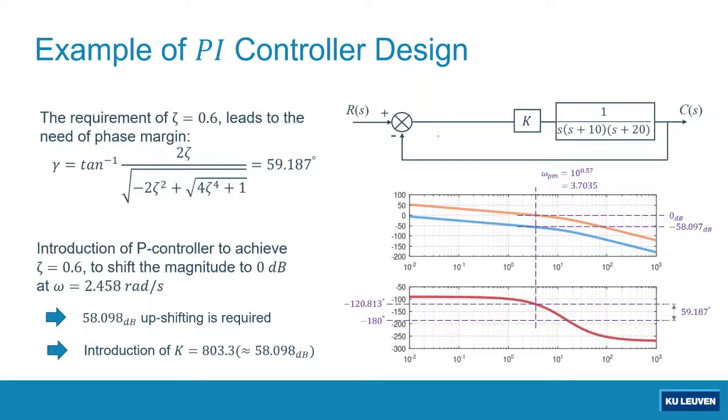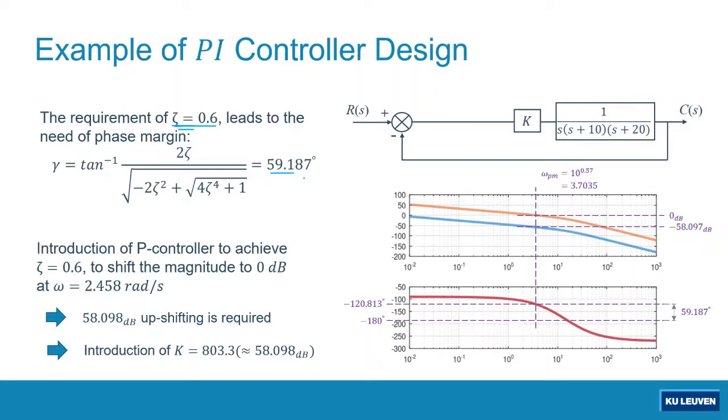We designed the gain based on the requirement of the damping ratio, and then we translated this damping ratio requirement to the phase margin requirement, right?